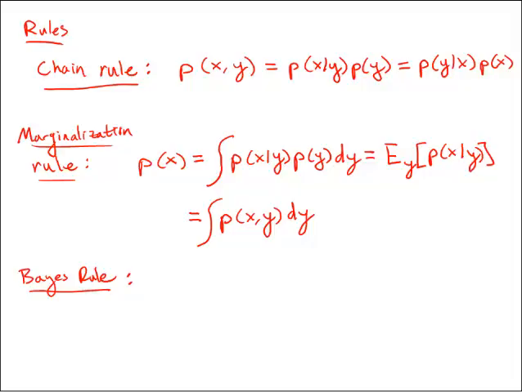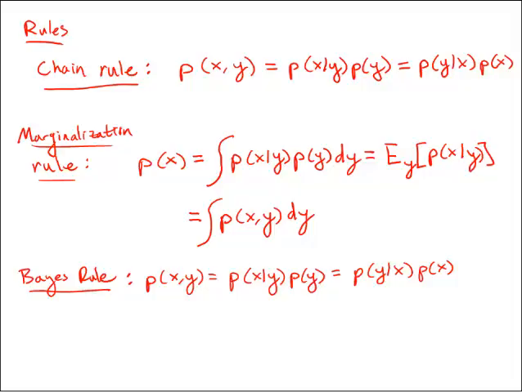To derive Bayes' rule, we start with the chain rule. P of x and y is equal to p of x given y times p of y, which is also equal to p of y given x times p of x. To derive Bayes' rule, we just divide everything by p of y.